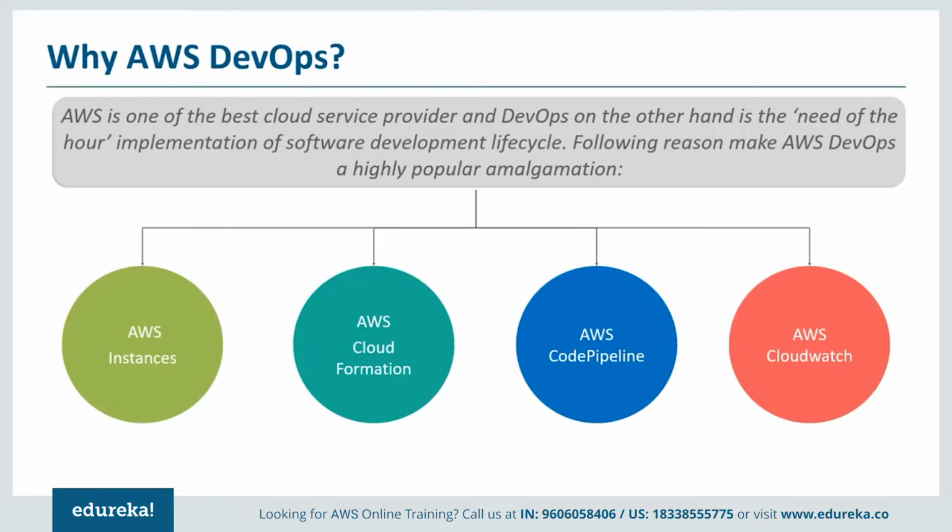Moving further, CloudFormation is something that lets you create templates and environments which you can use to actually go ahead and host different kinds of applications. So yes, AWS CloudFormation again is a very important part when you talk about DevOps. AWS CodePipeline basically lets you create a little pipeline in which you can put in your data.